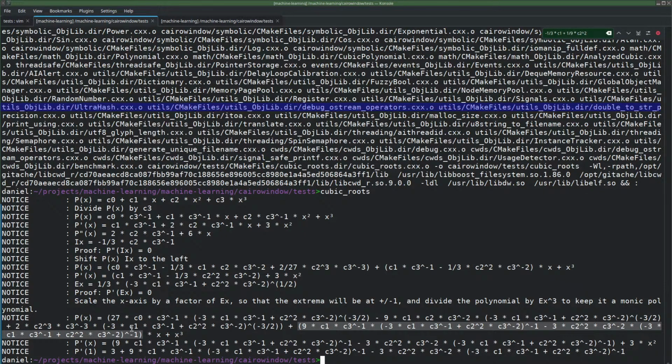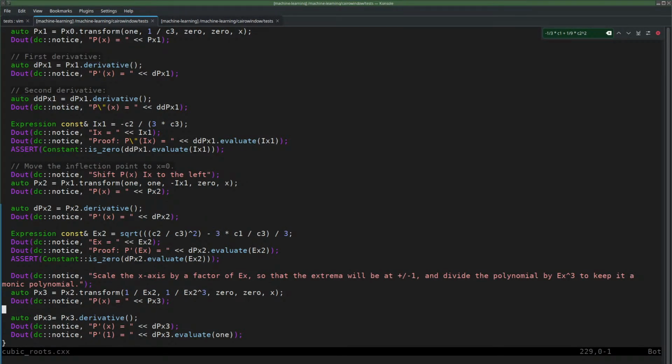Okay, I can begin with extracting this coefficient, I think. I think it's an expression.